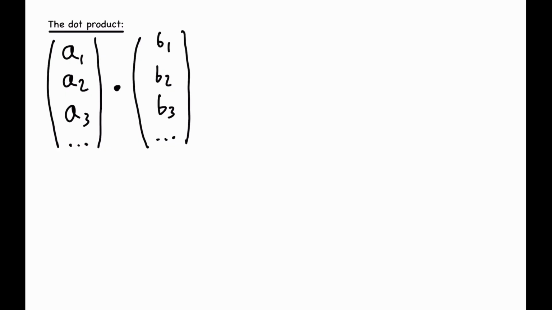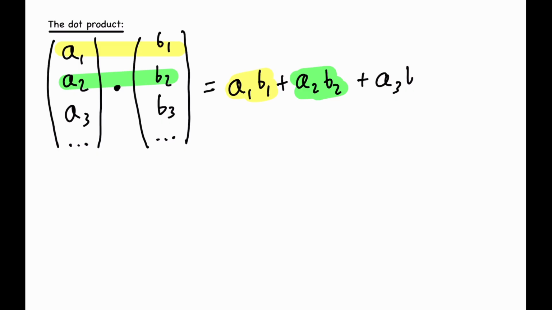So the dot product can be calculated by doing a1 times b1, plus a2 times b2, plus a3 times b3, and it just carries on going. You keep adding however long the vector is, and this will be equal to your dot product.